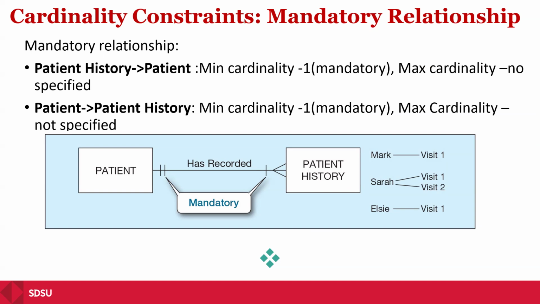And the maximum cardinality is not specified here, but we put it as 1 because a patient history can belong only to one patient. All right, and here's an example. Patient Mark has 1 visit, so it's only history for 1 visit. Sarah has 2, and Elsie also has 1 visit.